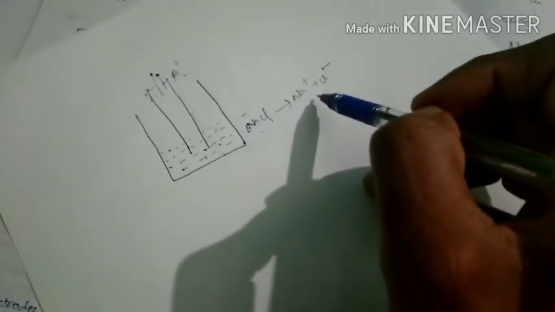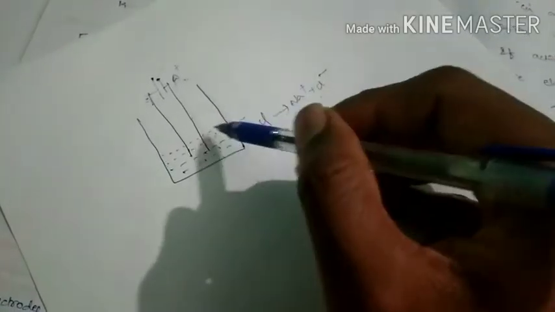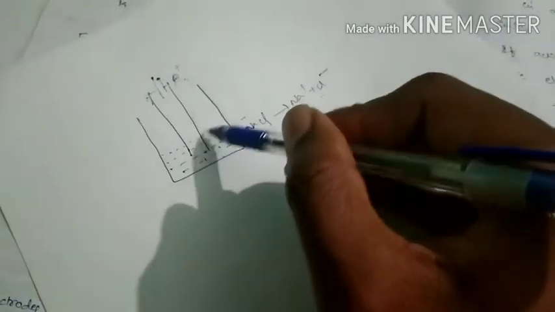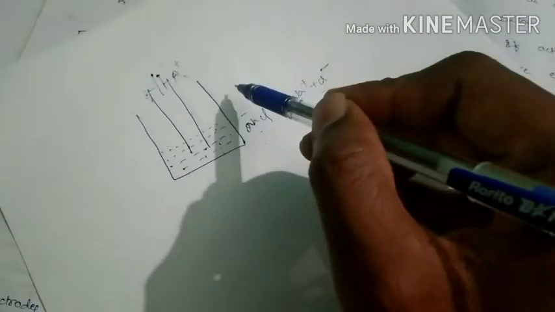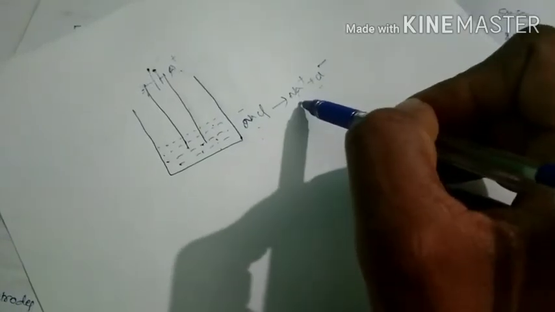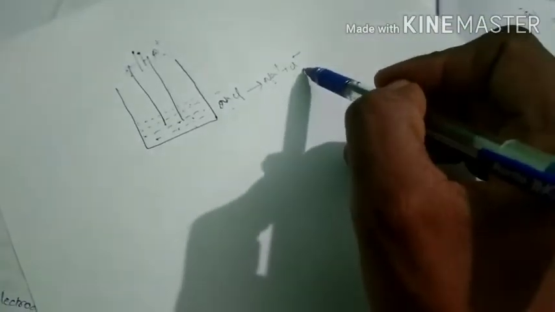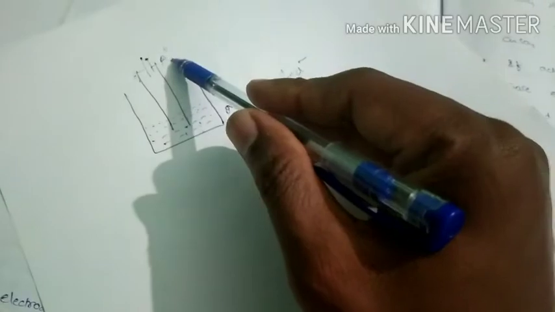After forming ions, these ions move towards oppositely charged electrodes. That means the cation moves towards the cathode and the anion moves towards the anode. Because the cation is positively charged but the cathode is a negatively charged electrode, that is why the cation moves towards the cathode. Here the anion is a negatively charged ion but the anode is a positively charged electrode, that is why anions move towards the anode.